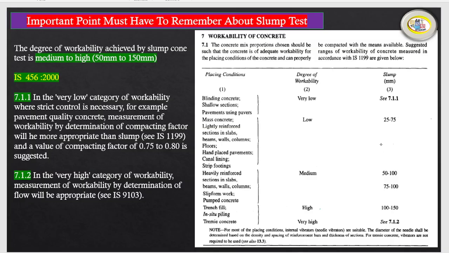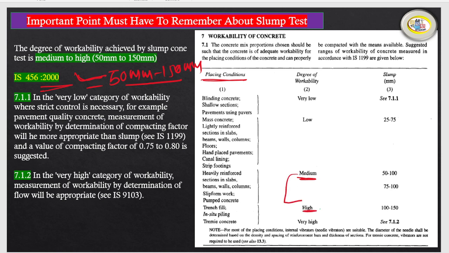Now next, some important points given by IS 456. This IS 456 gives the idea about the slump: which kind of slump is used for which kind of placing condition or concrete work. Different kinds of concrete work are there. First of all, the degree of workability achieved by this slump cone test is 50 mm to 150 mm, that is medium to high.